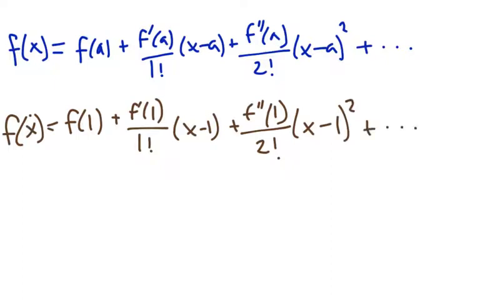So what I need to do is figure out what f prime of 1, f double prime of 1, and so on are, and eventually develop a pattern for what the derivative is going to look like so that I can generalize this overall. We've got most of the Taylor series here. All we need to do is figure out these derivatives, look for a pattern so we can represent it well, and then move on from there. So that's what we're going to start doing. Let's take a look.